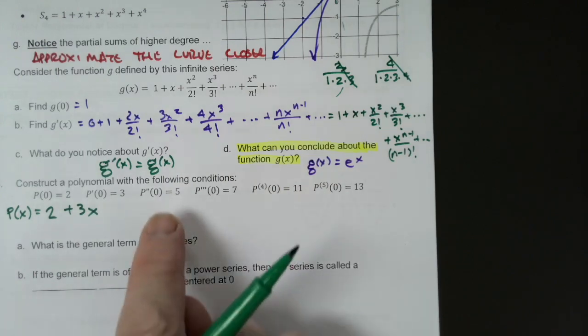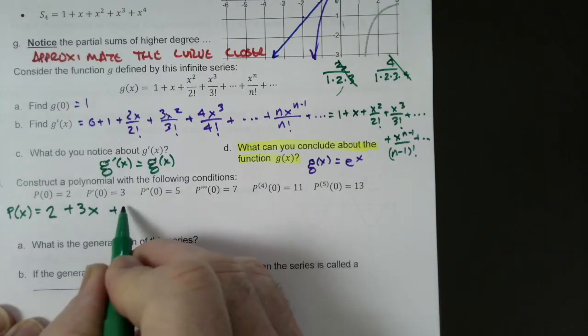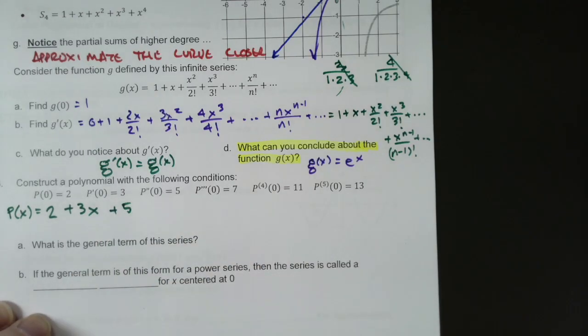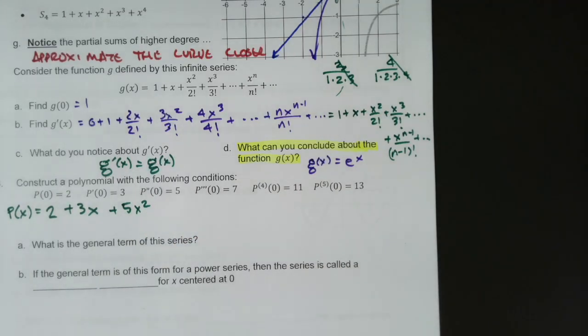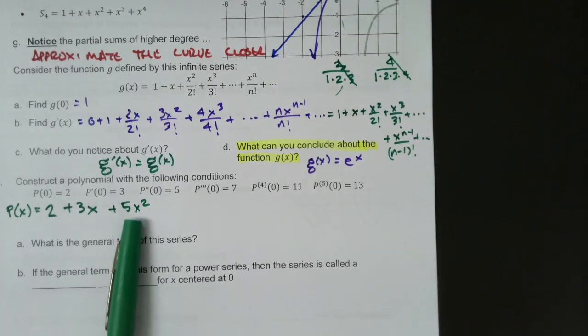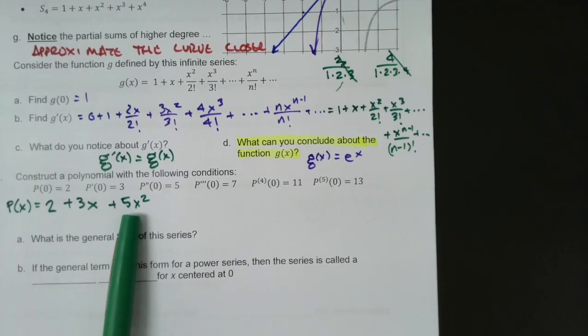Now, let's take a look at our next one. I think I should have 5 as the coefficient of the x squared, right? Ooh, but wait a second here. What happens when I take the first derivative? What's the first derivative of x squared going to be? First derivative of x squared. 2x.